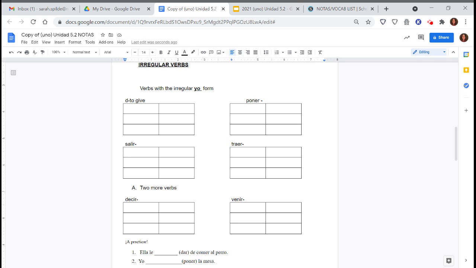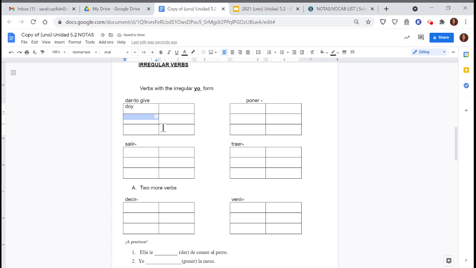When we look at dar, the yo form normally is O, but in the yo form for dar, our new spelling is going to be doy, and that would be I give. That is the only one that has its own separate spelling.